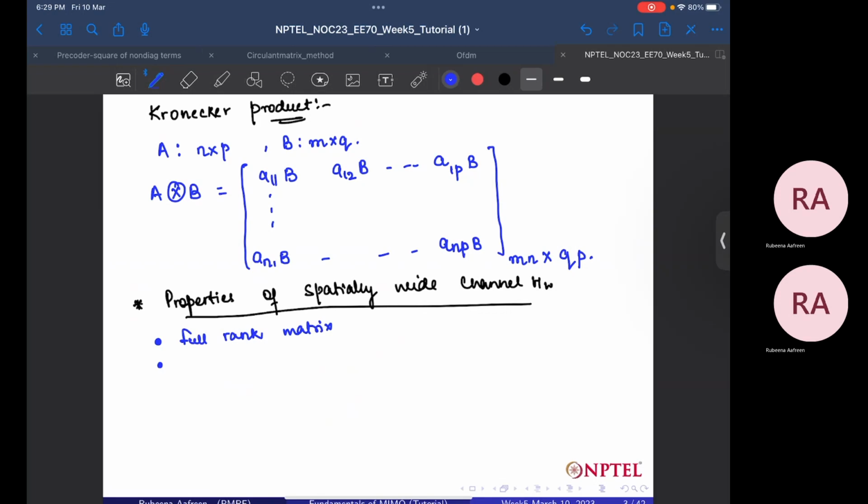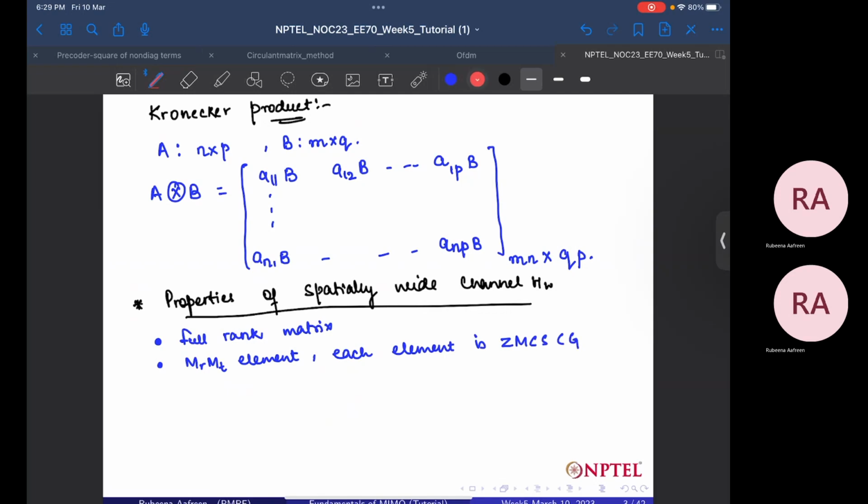Second thing is that it will contain MR times MT elements, because the size is MR cross MT, right? And then each element is zero mean circularly symmetric complex Gaussian.